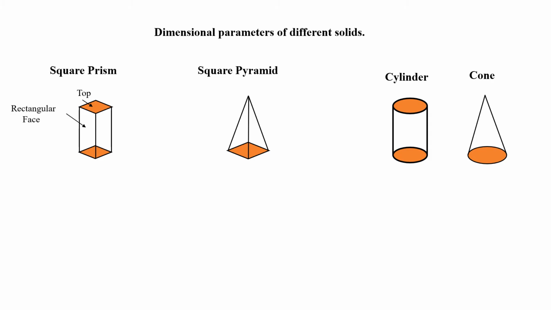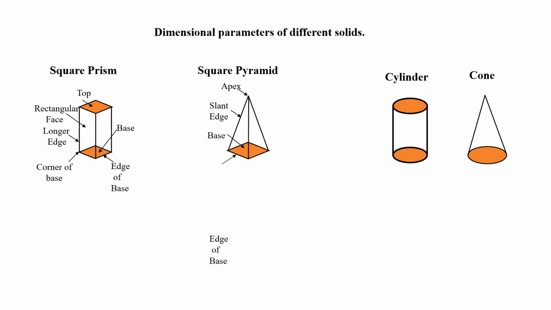This one is a rectangular face, longer edge, corner of base, edge of base, bottom or base. In the same way, in the square pyramid, there are triangular faces joined with each other and the base is square. The joining of these triangular faces is called the apex. There are four slant edges.